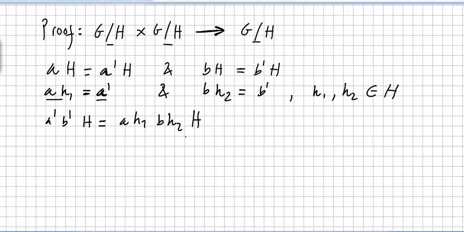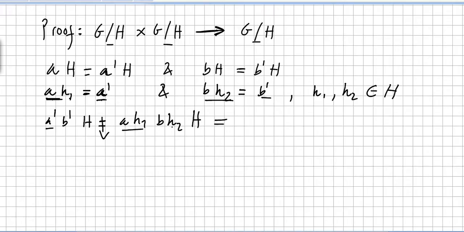So this means, okay, this step is only due to this notation. A prime is A times H1, right? So A prime is this and B prime is this.